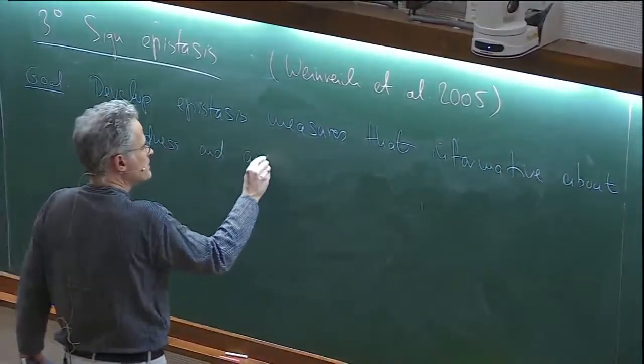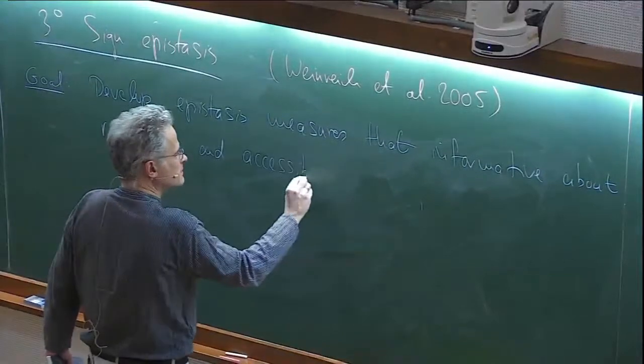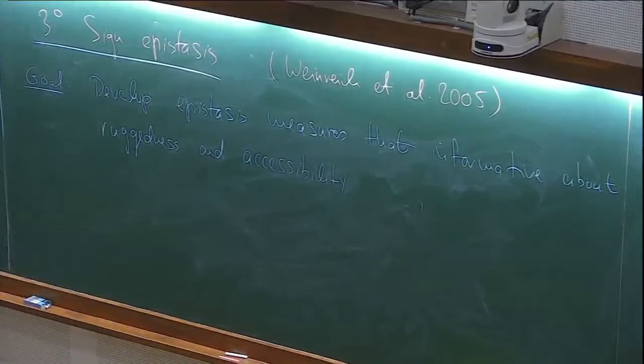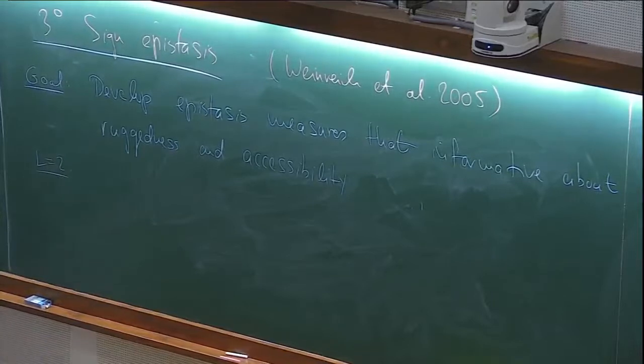Accessibility meaning in the sense that I just mentioned in the context of this quotation from Maynard Smith: how easy is it to get from one place to another on this landscape? Now let's again look at the case of two loci, okay?